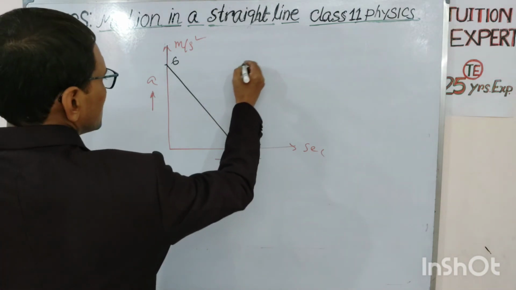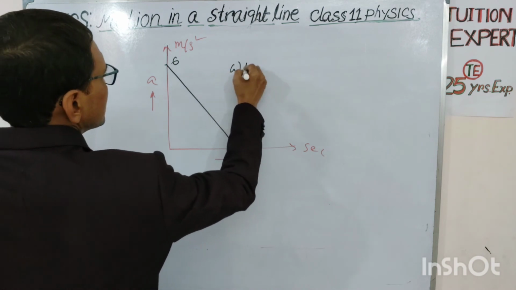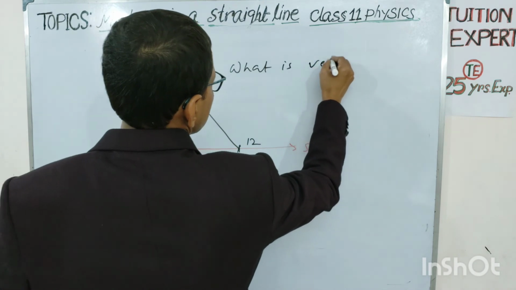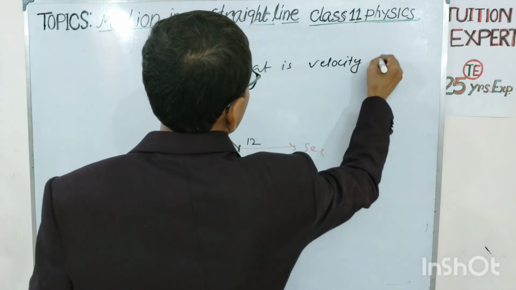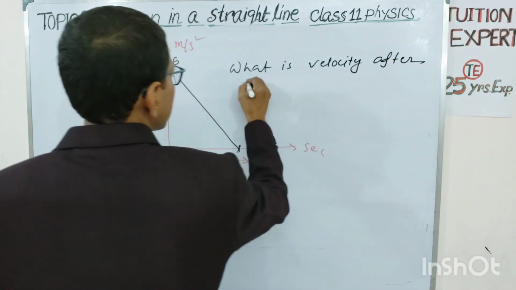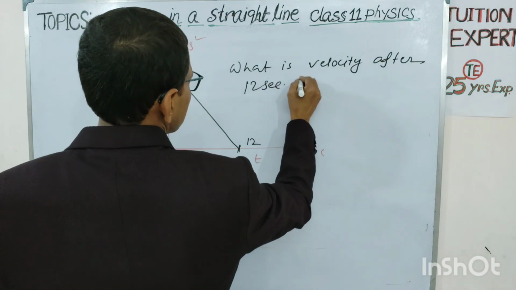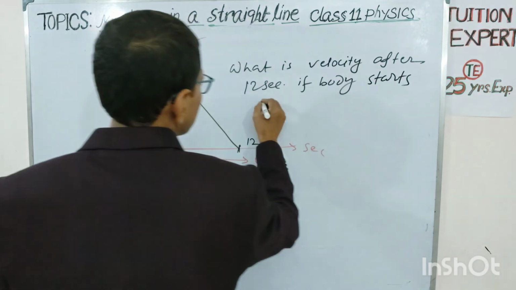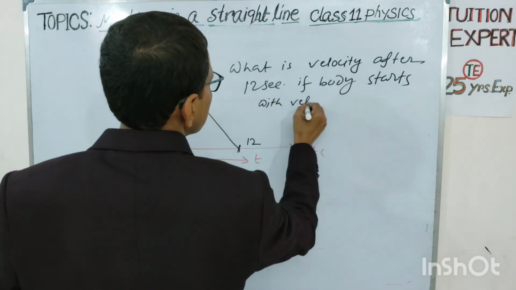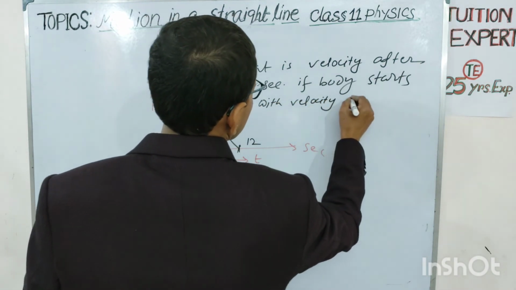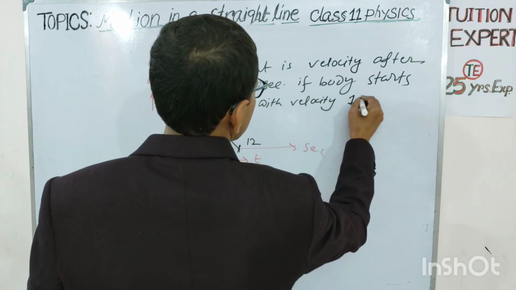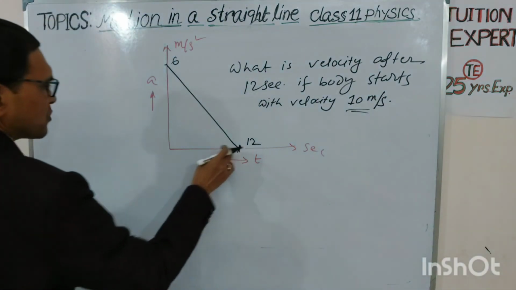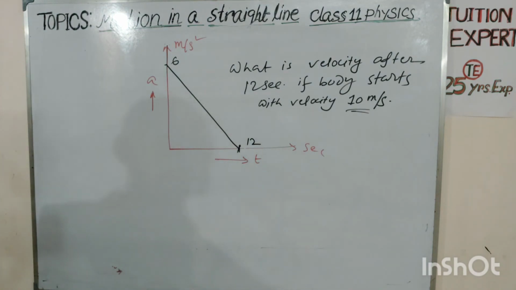Now you are asked to find the velocity after 12 seconds if the body starts with a velocity of 10 meter per second, that is, the initial velocity is given.